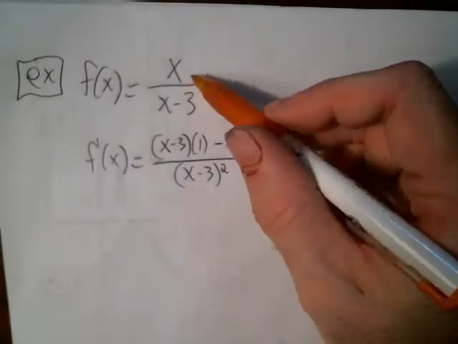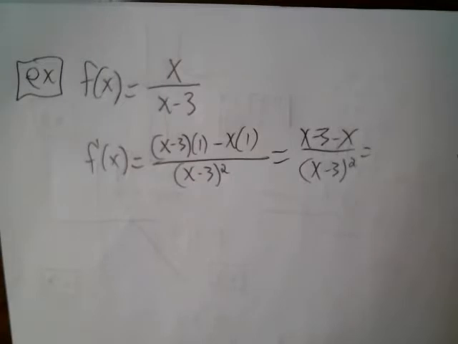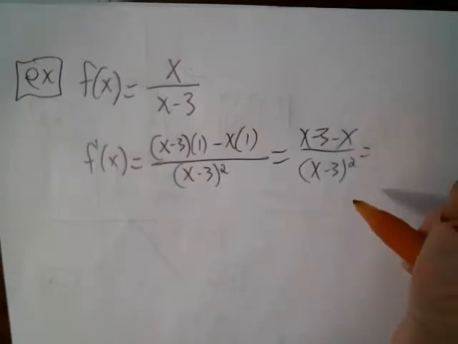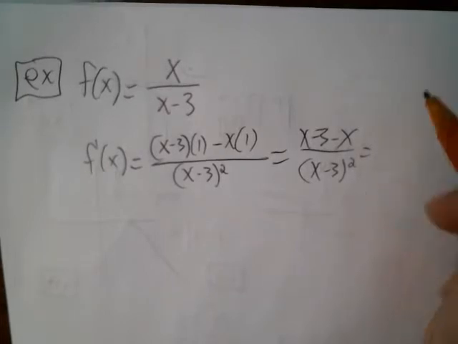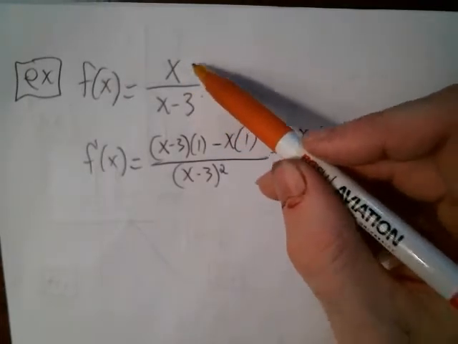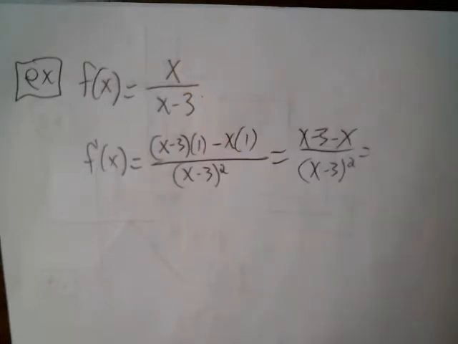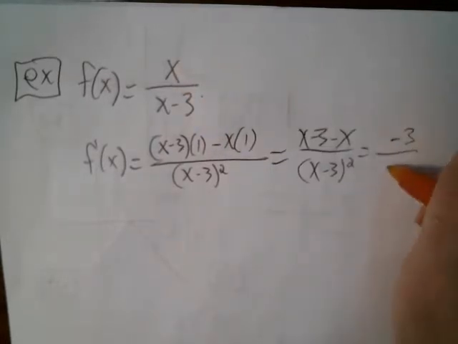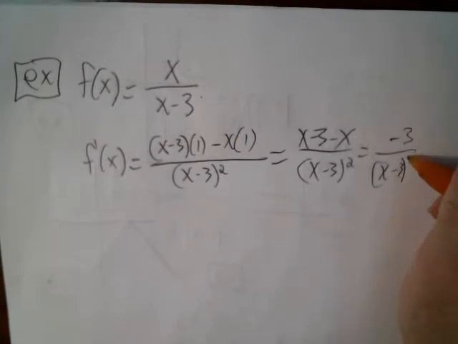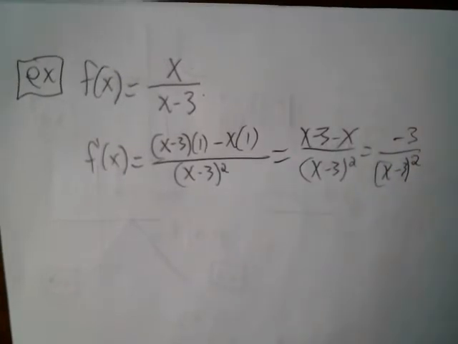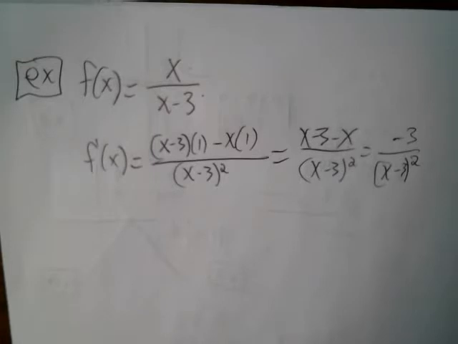Low d high minus high d low. It's just 1 over x minus 3, are you kidding me? This is what I get for making up something on the fly. I apologize. Low d high minus high d low. It's negative 3 all over, my brain is not functioning today. Negative 3 over x minus 3, there it goes, squared.